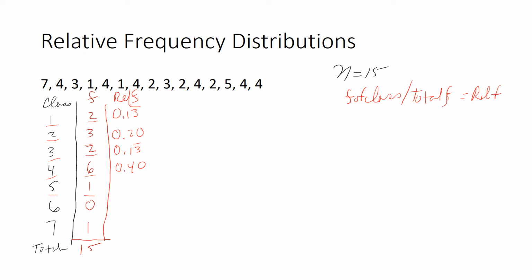Now you're going to have to do some rounding here. So in this particular case, we would go 0.07. Class of 6 with a frequency of 0 would give us 0.00. Class of 7 with a frequency of 1 divided by 15, again would give us 0.07. Now we total this out, and when we add this together, being that each of these is a portion of a whole, the total will come to 1.00.